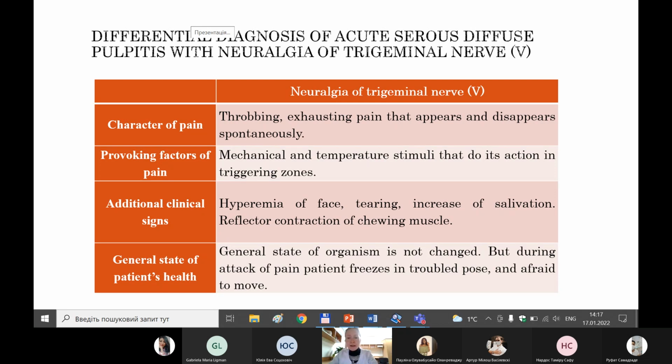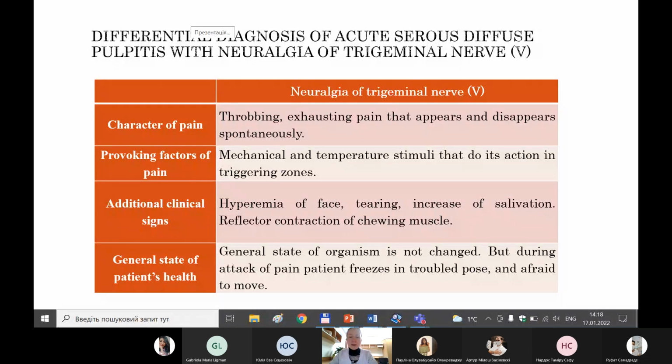Actually, triggers. It is important in neuralgia. Okay, additional clinical signs: hyperemia of the face, tearing, increase of salivation, reflex contraction of chewing muscles. In a case of pulpitis, it is never present.